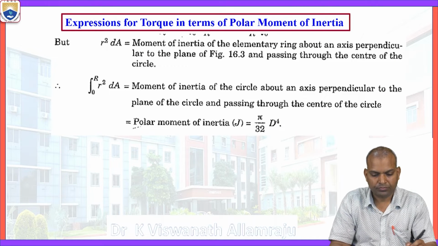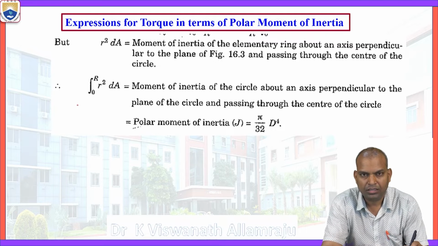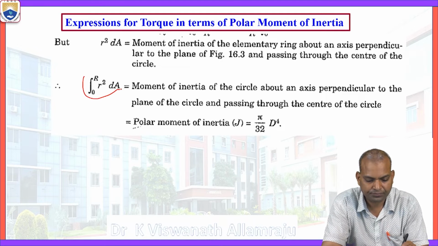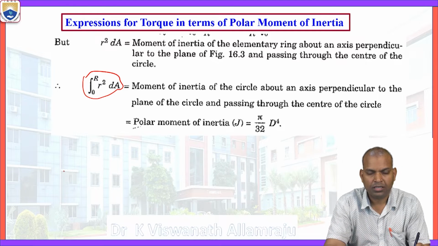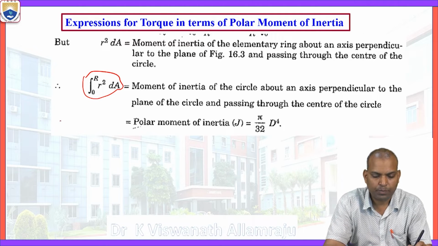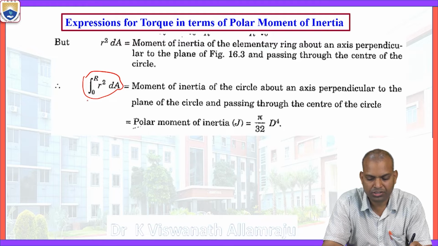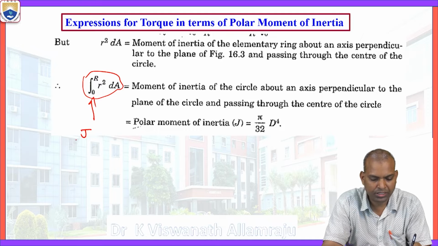Now r squared dA is known as the moment of inertia. The moment of inertia of a circle about an axis perpendicular to the plane of the circle and passing through the center of gravity, the centroid of the circle. That's why this integral of r squared dA is known as the polar moment of inertia, J.